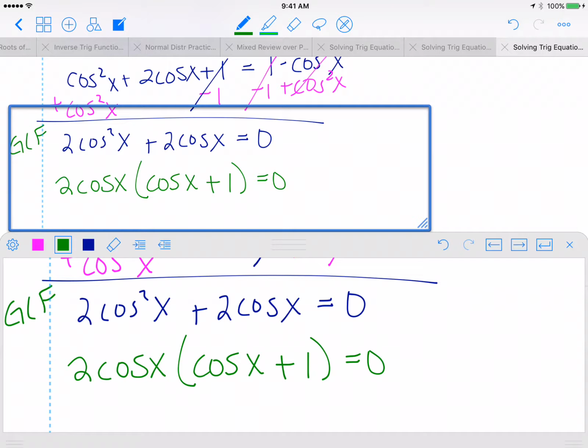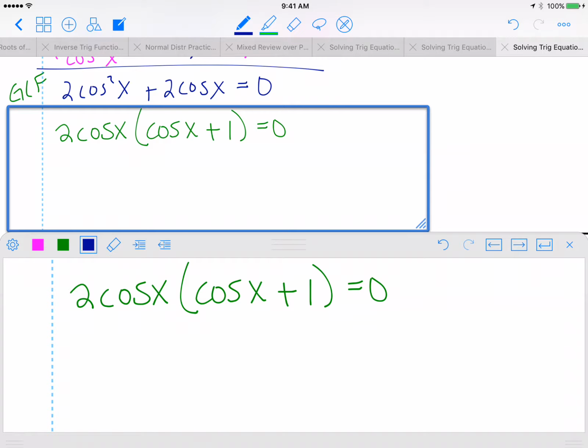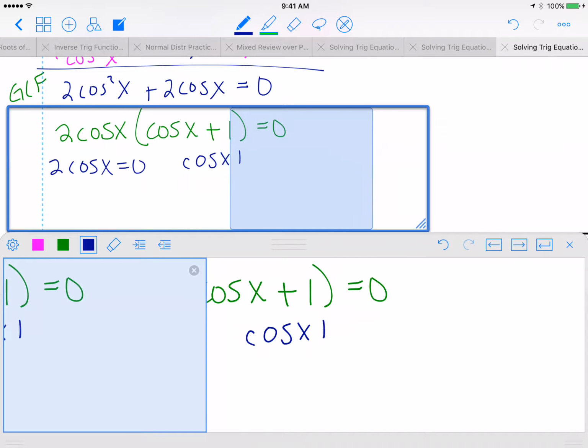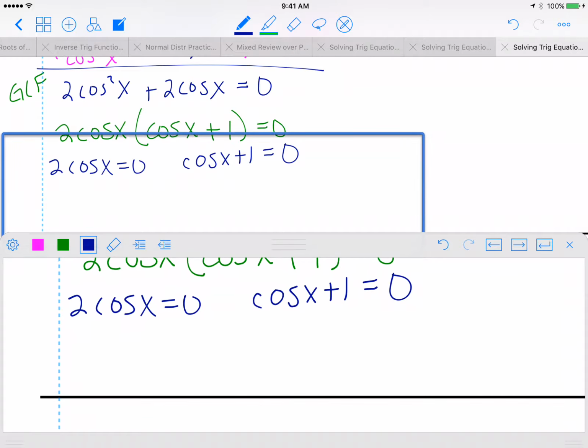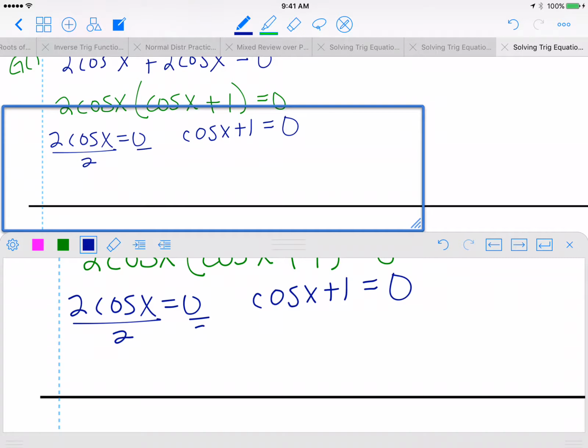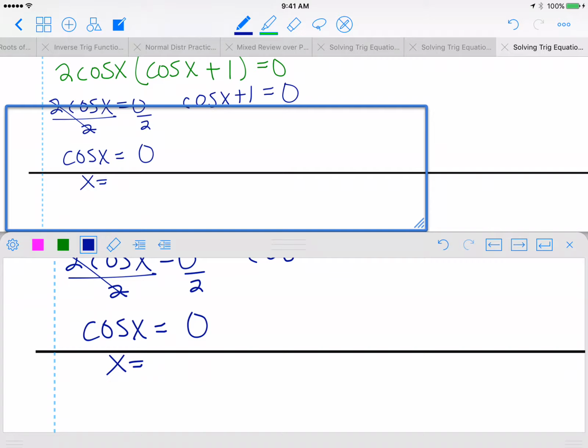Then we could just set each one of these equal to 0. So we get 2 cosine x is equal to 0, and cosine x plus 1 is equal to 0. From here, we're going to divide by 2. So we get cosine x is equal to 0. And so then x is equal to inverse cosine of 0. And where does that happen?